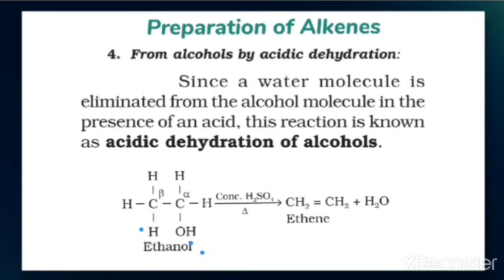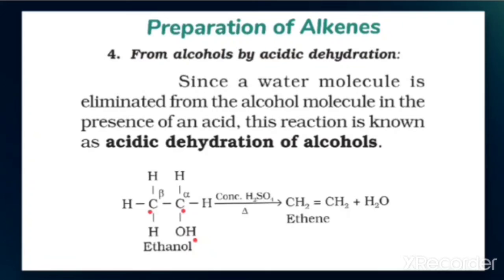The carbon on which the functional group OH is attached is the alpha carbon, and the neighboring carbon of the alpha carbon is the beta carbon. You can use a pencil to note down the alpha and beta carbon.